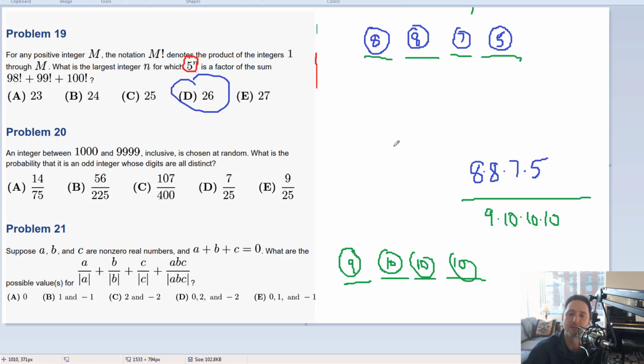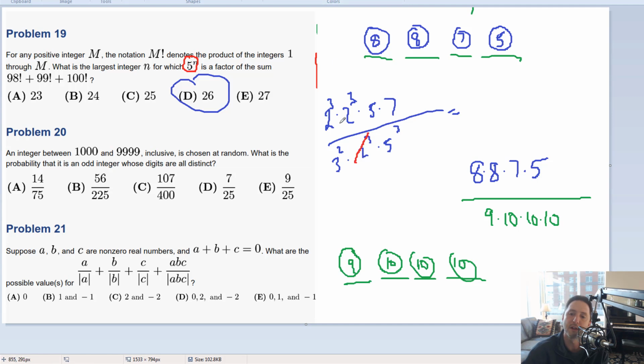So now we have to reduce this. So let's see, how do we reduce this? Well, let's factor it. Let's make it 2 cubed times 2 cubed times 5 times 7. And let's look at our denominator. It looks like we have 3 squared times 2 cubed times 5 cubed. Okay, let's cross some stuff out here.